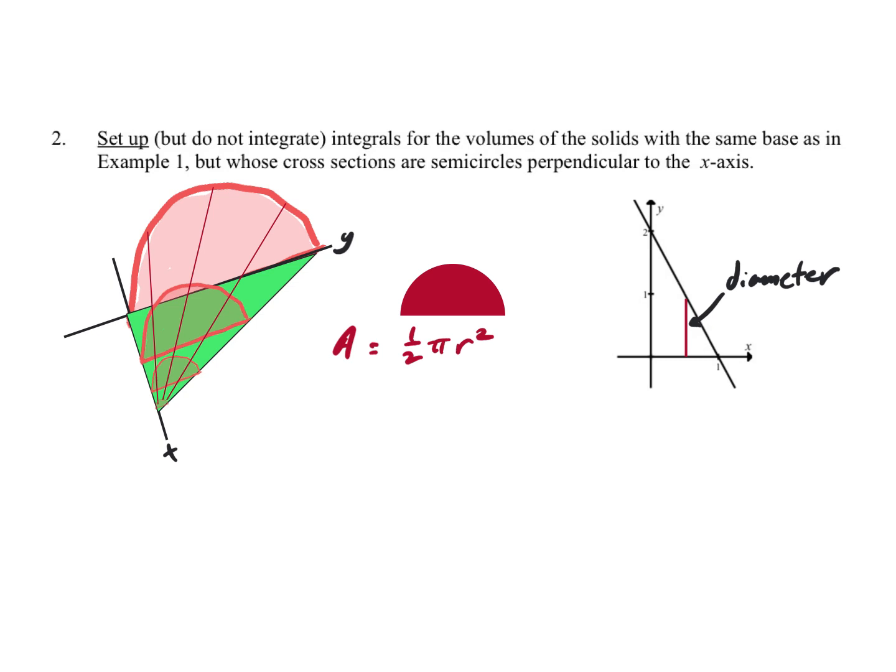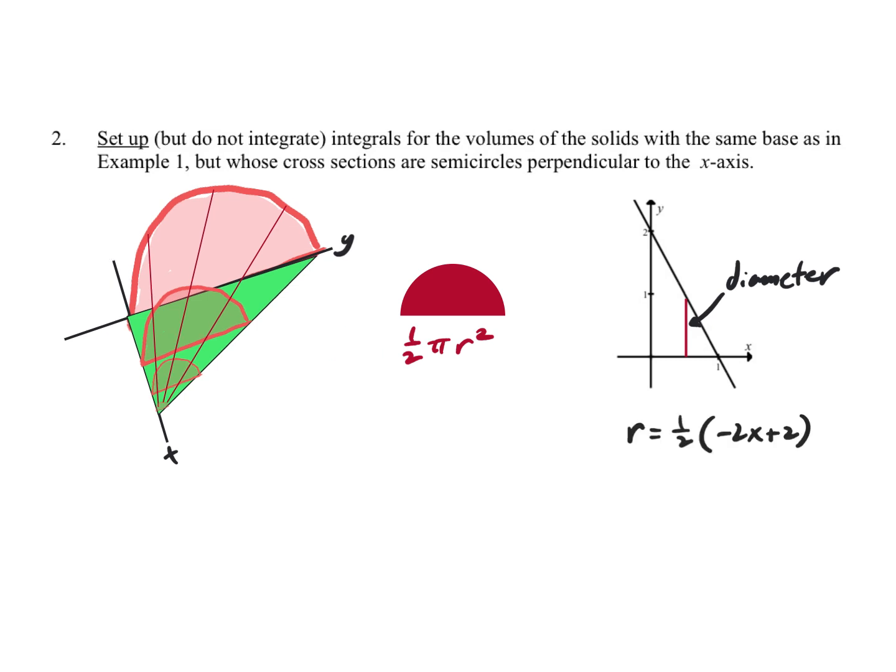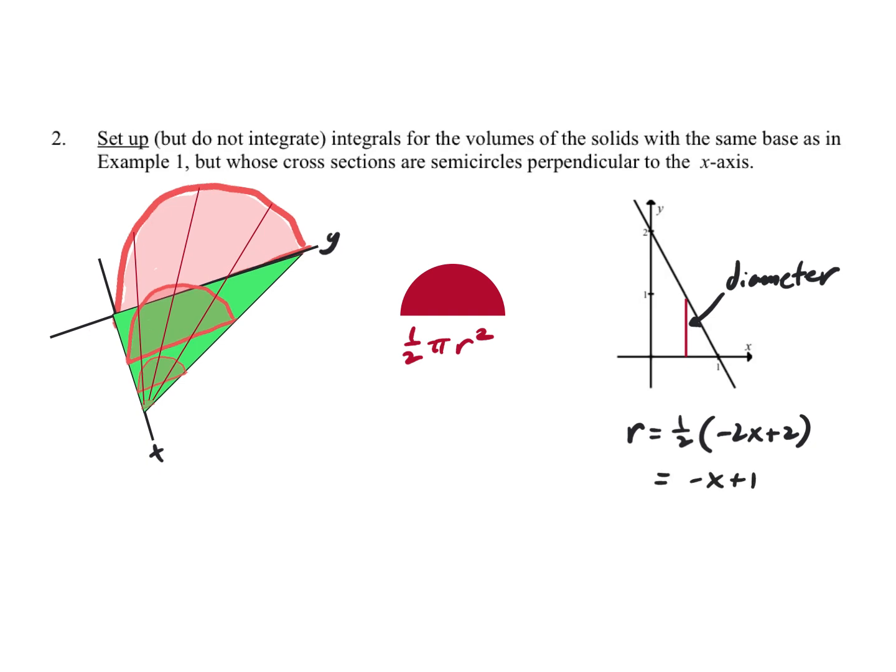So my radius is half of negative 2x plus 2. I'm going to distribute that and make it a little simpler. Okay, so I get negative x plus 1. So the radius of that semicircle, of all the semicircles, is negative x plus 1.